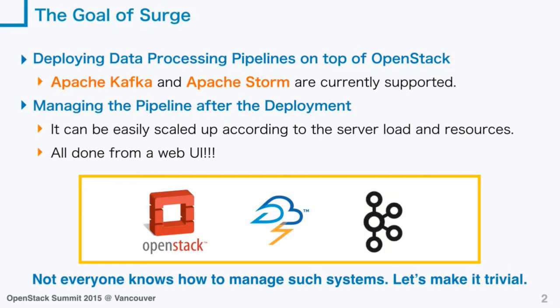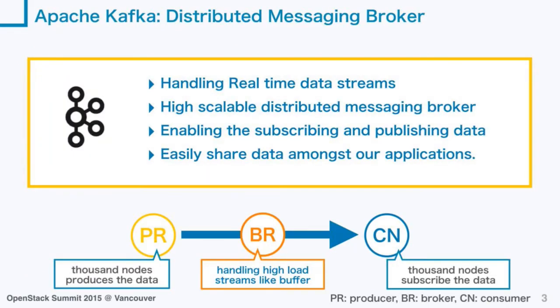I think someone may be wondering about Apache Kafka and Apache Storm, so let me give you a brief overview. First, we support Apache Kafka as a component of a pipeline. Apache Kafka is a highly scalable publish-subscribe messaging broker.